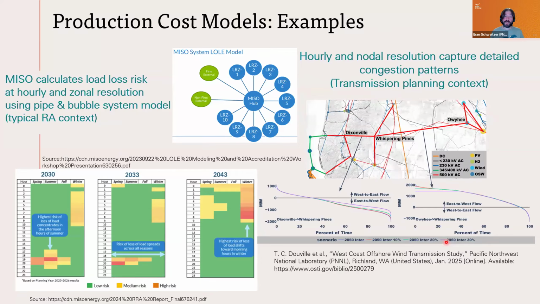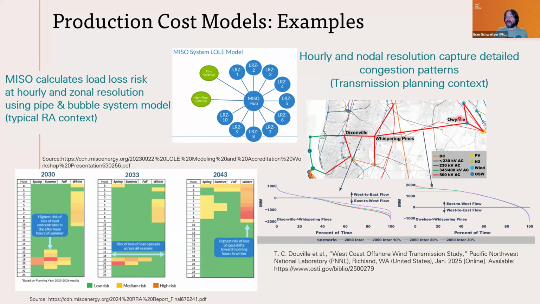As an example of both of these, on the left-hand side, you see the MISO loss of load expectation model. So it's clearly a pipe and bubble type system. And you can see on the bottom here the probabilistic evaluation of loss of load risk broken down by hour and year and season. On the right-hand side, you can see results from a study that PNNL did that concluded at the very beginning of this year.